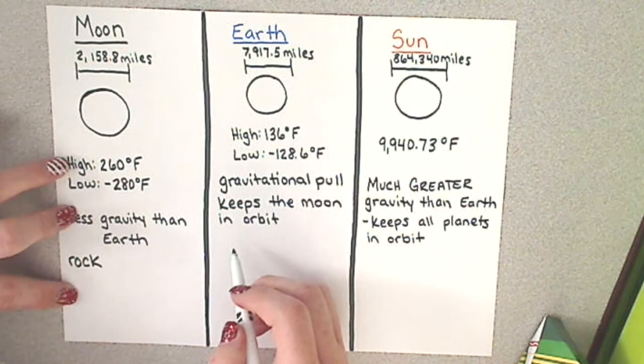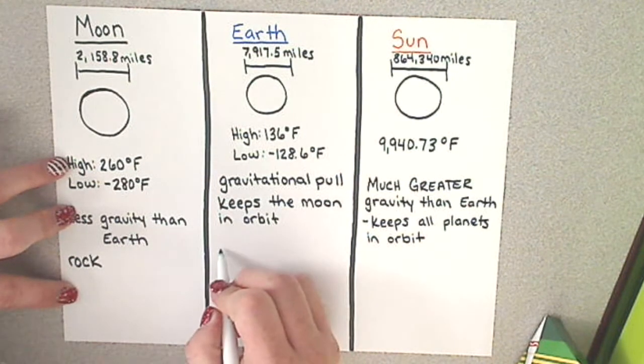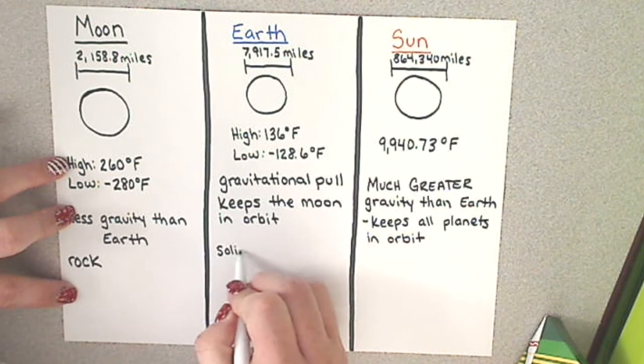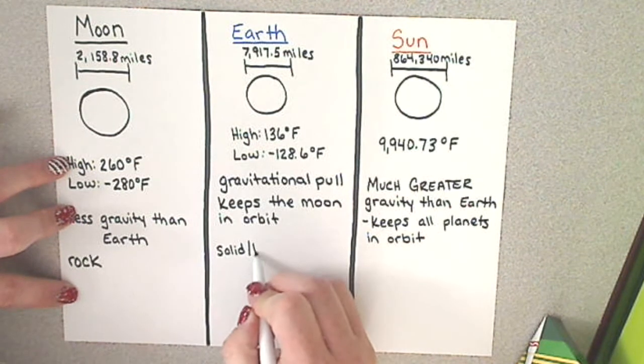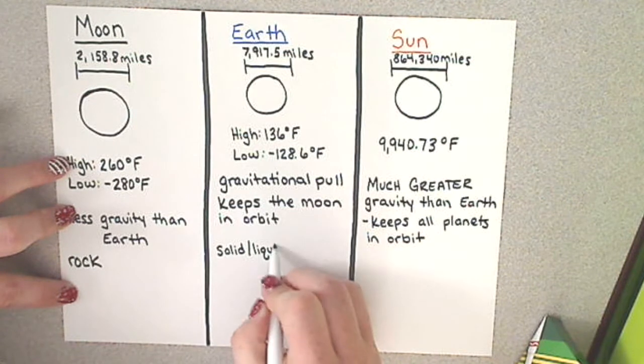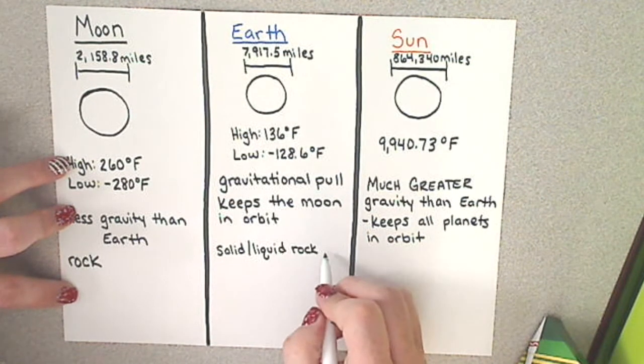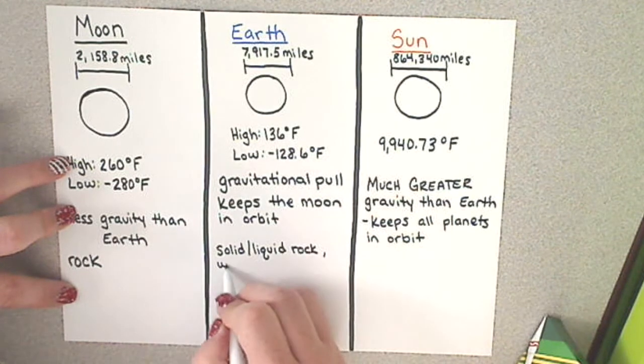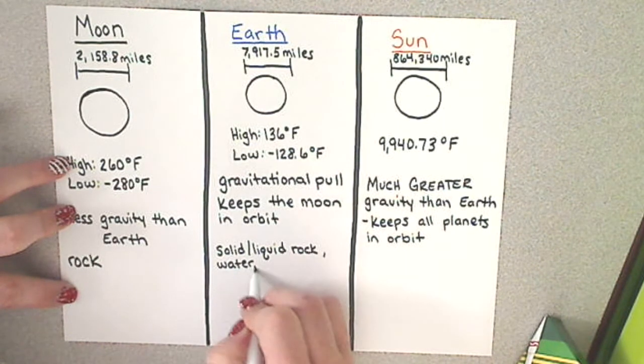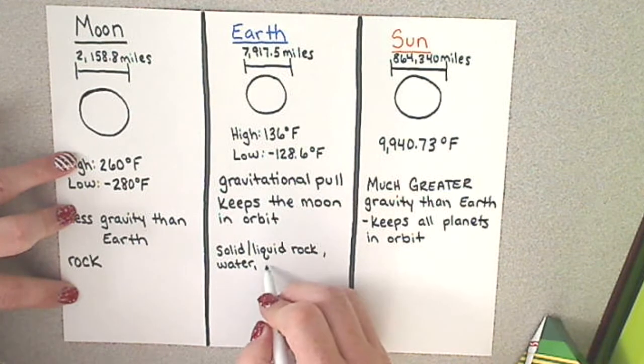But Earth is made of solid and liquid rock. And we know that liquid rock is lava, magma, water, and atmosphere.